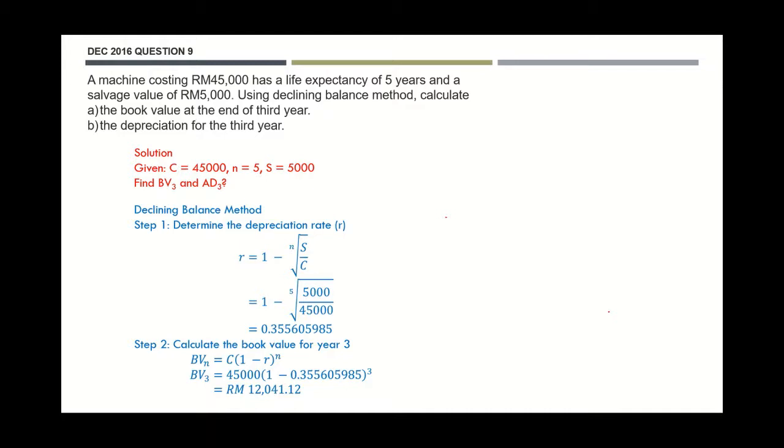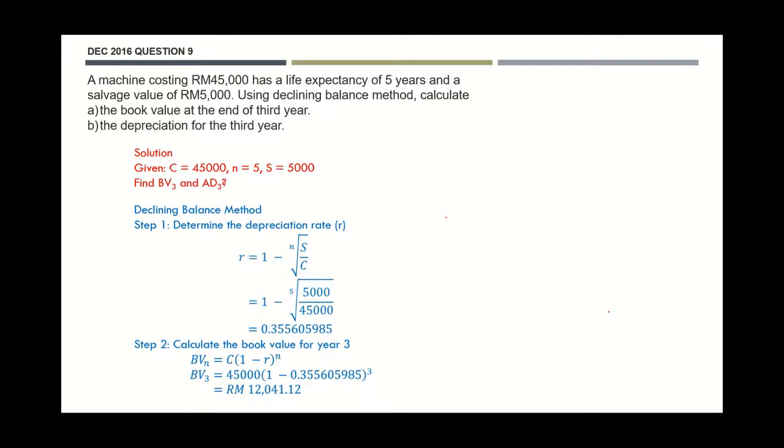So substituting C with 45,000, 1 minus R with 0.355605985 as we found earlier, and n with 3, evaluating this you find that BV3 is equal to 12,041 ringgit and 12 cents. So that is the book value of the machine at the end of the third year.